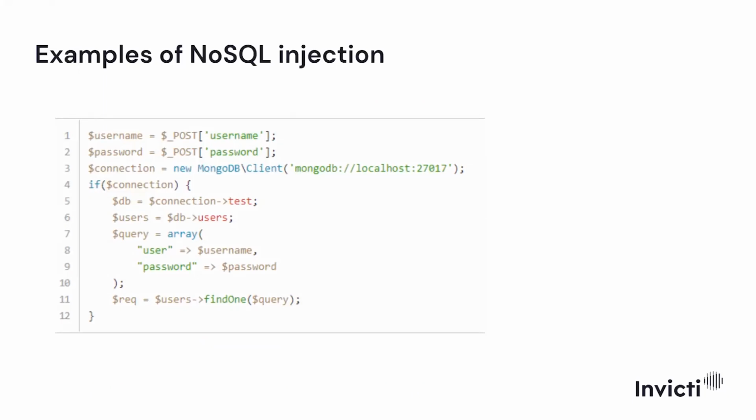Now, here's a very simple example that accesses a MongoDB database to perform authentication. This is how it may look like. The username and the password are directly used without any form of safeguard or filter, which may be vulnerable to the operator injection we have just seen.